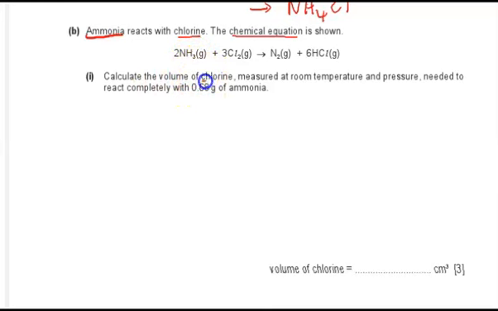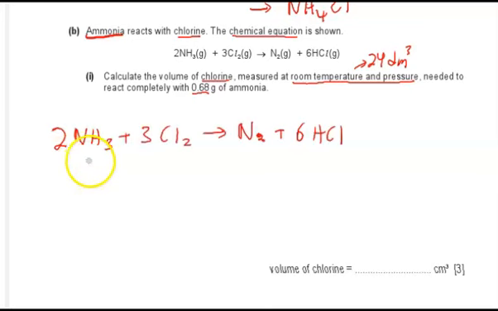Calculate the volume of chlorine measured at room temperature and pressure, in dm cubed, needed to react completely with 0.68 g of ammonia. Okay, let me write down the whole equation here. The ammonia here is 0.68 grams.